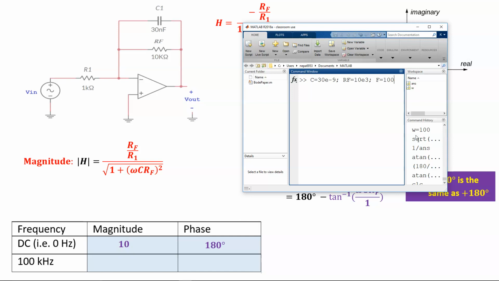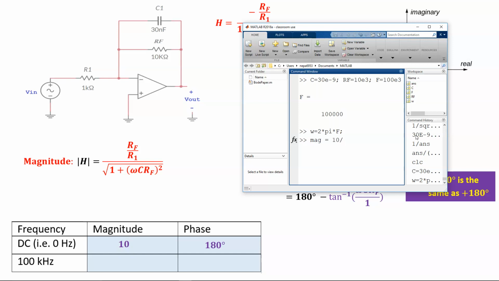That means my omega is 2 pi f, so 2 times pi times f. And I'm going to basically enter the magnitude. So magnitude was RF over R1, which is still the same. RF is 10 divided by R1, which is 10.